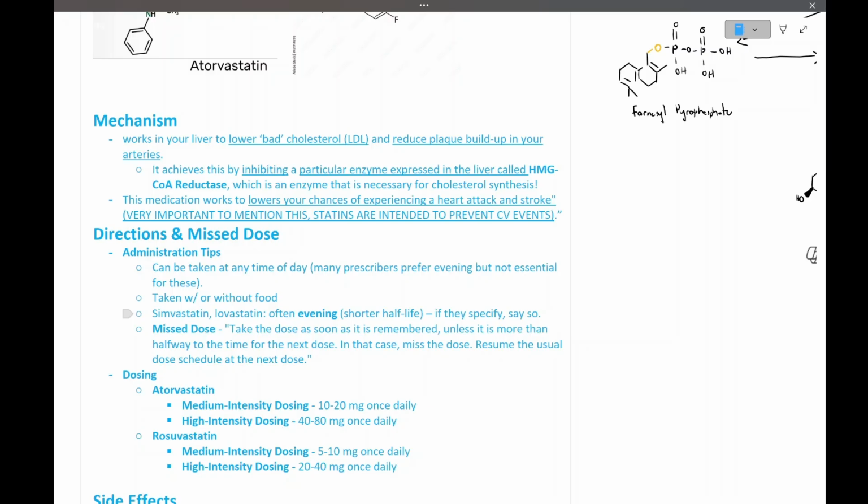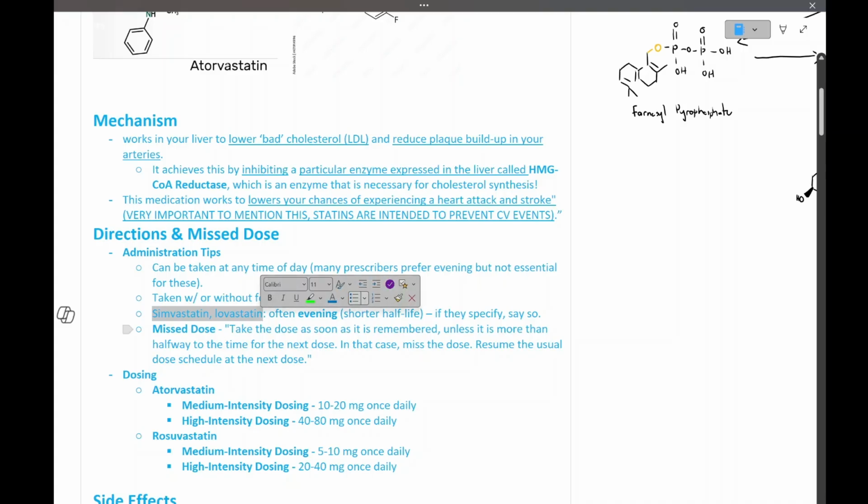This is important to consider, especially when it has a shorter half-life, meaning a shorter duration of action. So this is why these two statins are important to take in the evening.